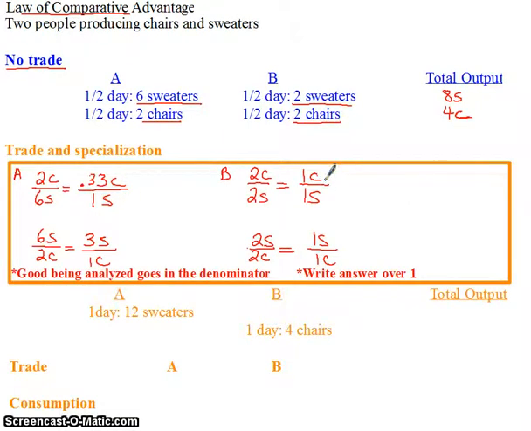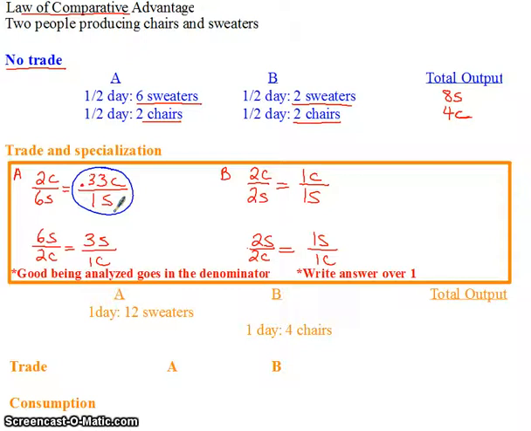So A is the lowest opportunity cost producer, which means that A has a comparative advantage in the production of sweaters.